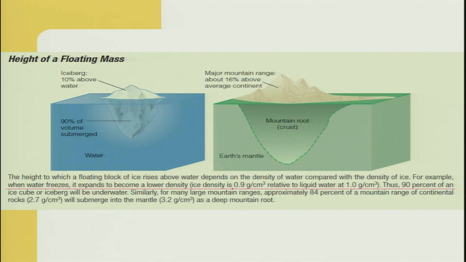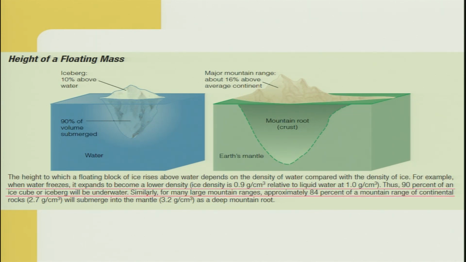So it will float on the surface of the water, and whatever you see on the surface, that is an iceberg, is hardly 10%, but it will have the deeper root below the water surface. So 90% of the volume is submerged, and similar is the case of the continental crust.